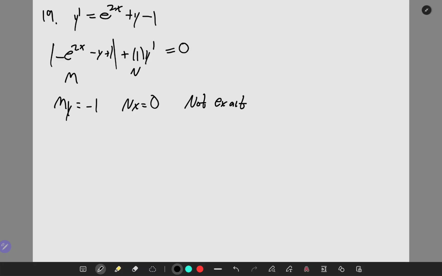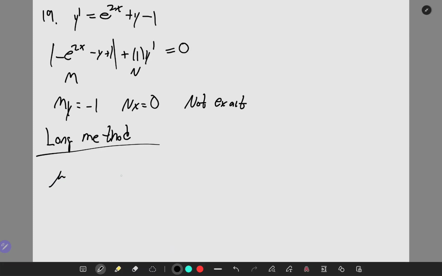So that tells us that we need to find our integrating factor, so that it is exact. So now, we're going to multiply mu by both m and n. This is the long way. Okay, so I'll do the long method. Remember, mu is a function of x.